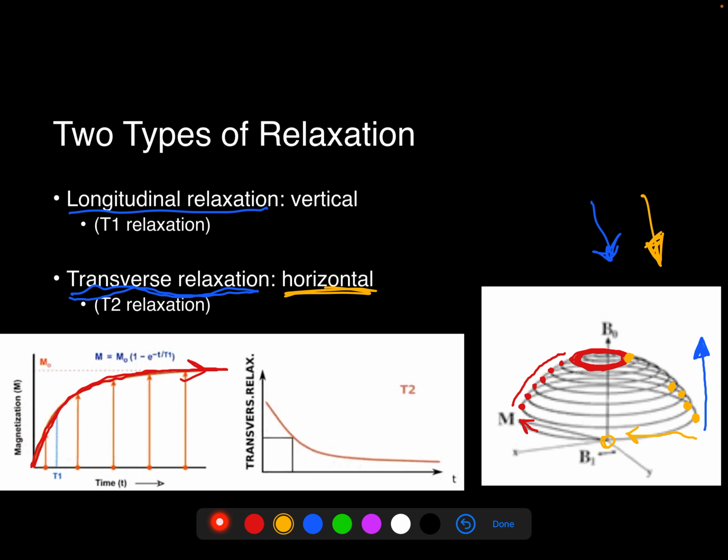So horizontally, it has been decreasing. And that is the graph that we are painting here, in the middle. Why this is important will become clear in a second. But just for the sake of understanding different notations of MRI, remember that longitudinal relaxation is also called T1 relaxation, and transverse relaxation is called T2 relaxation.